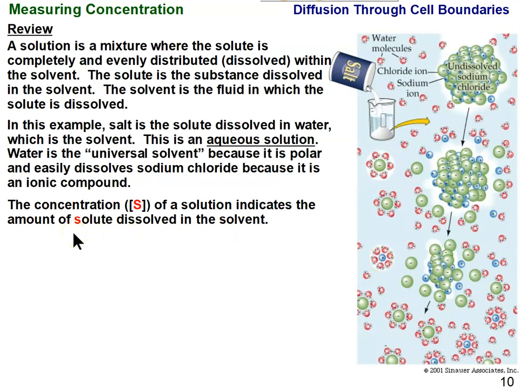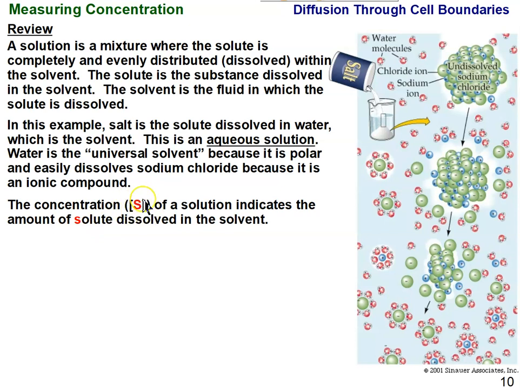So now we get into the concept of concentration. We're going to use this symbol to represent concentration. So a bracket around something is going to mean the concentration of whatever is within the bracket. So in this case, S is standing for solute. So you would read this, the concentration of solute, right?